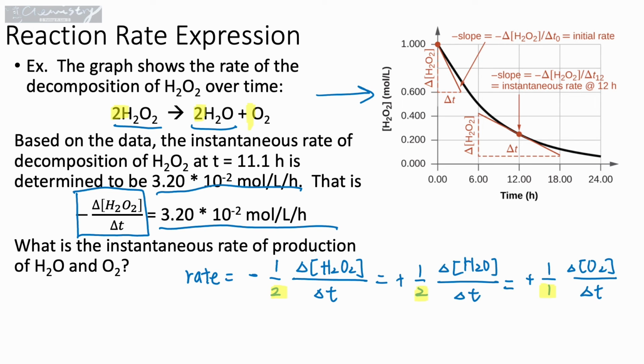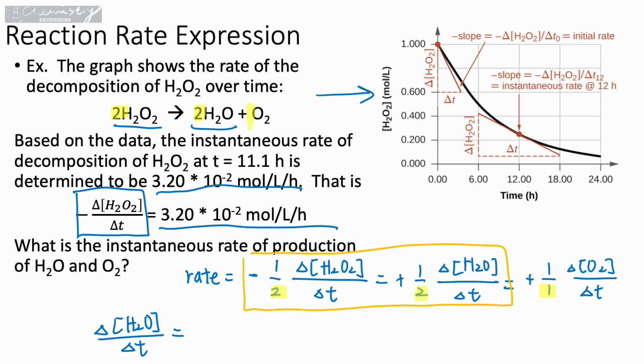So from here, we know that the rate of production for water over a period of time is going to equal that of the decomposition of hydrogen peroxide because they are equal to each other. And it's molar per hour, that is the unit.